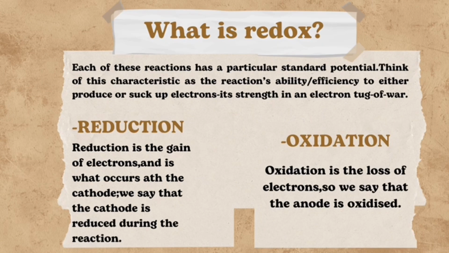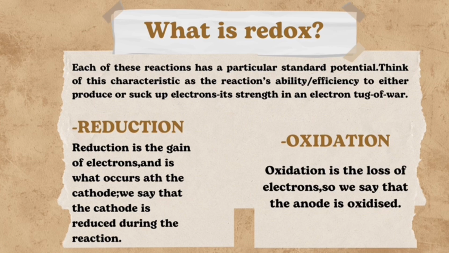What is redox? Each of these reactions has a particular standard potential. Think of this characteristic as the reaction's ability to efficiently either produce or suck up electrons, its strength in an electron tug of war.